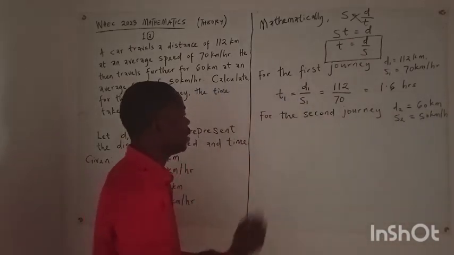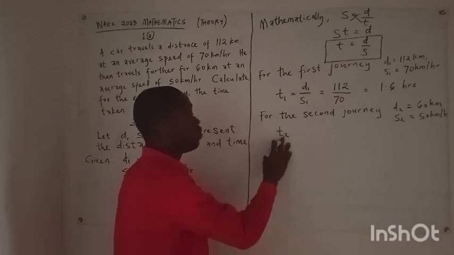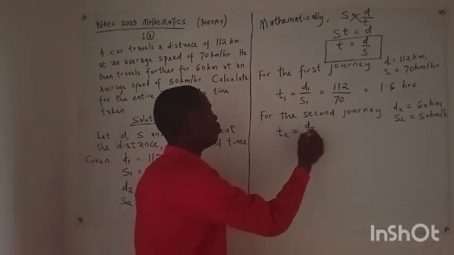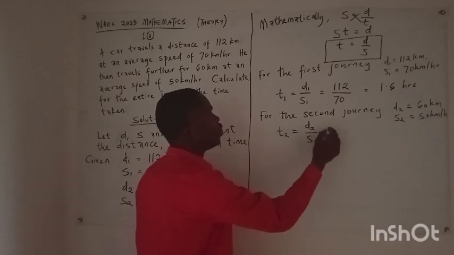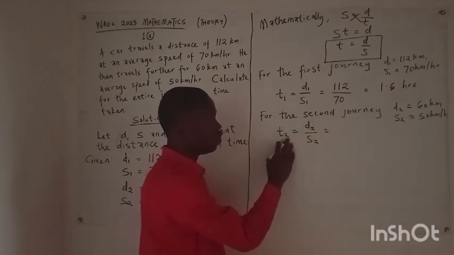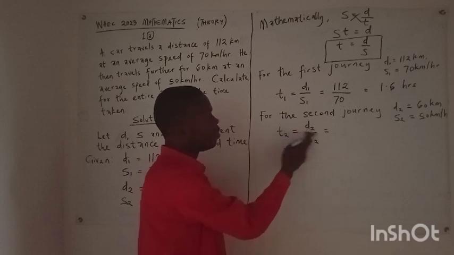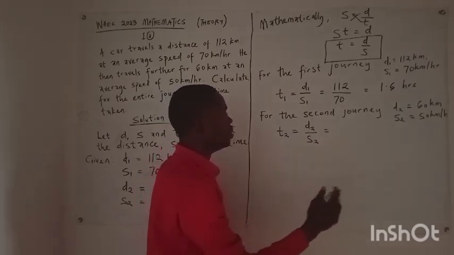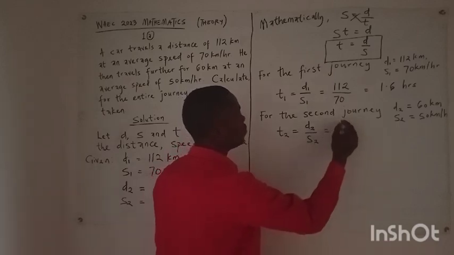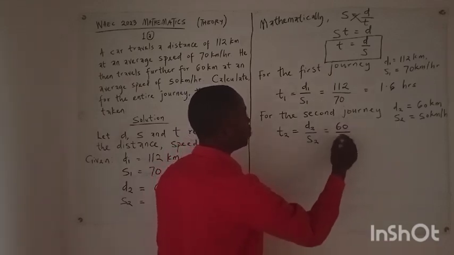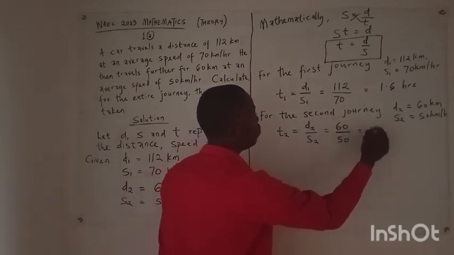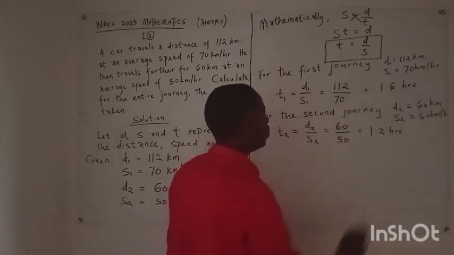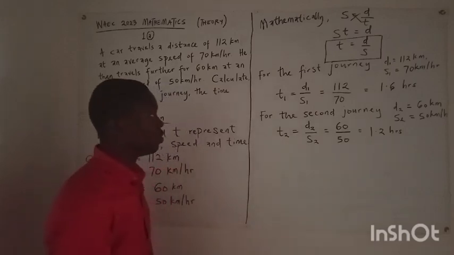And therefore the time taken for the second journey, T2, will be equal to D2 all over S2, that is the second distance covered all over the speed during the journey. So we'll have 60 divided by 50, which will give us 1.2. Sorry, this is supposed to be a continuation, but I had to put it there because of space.